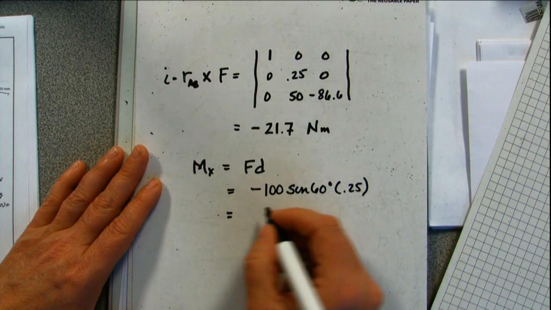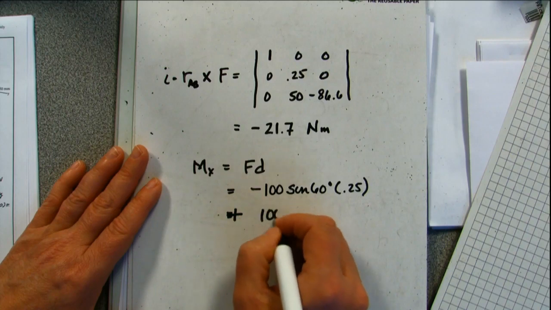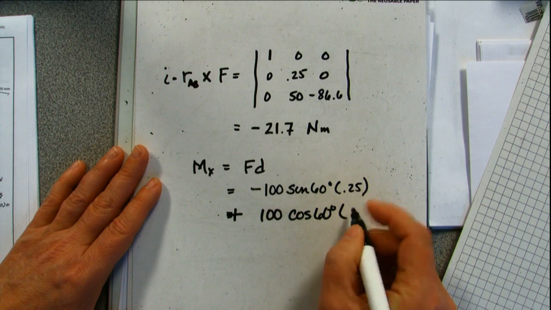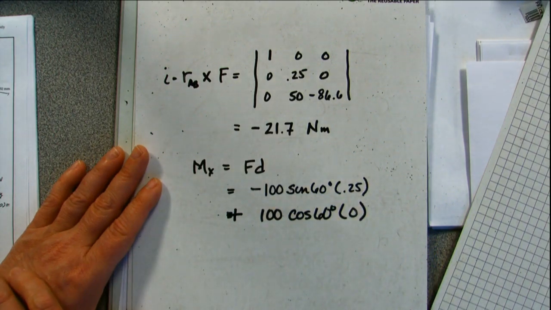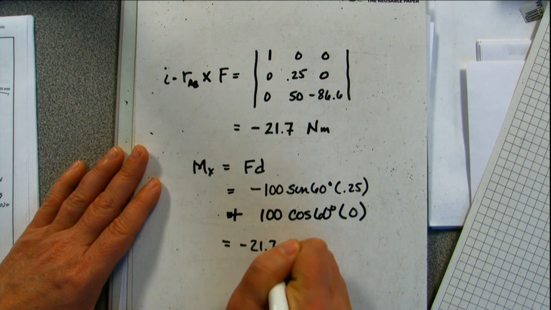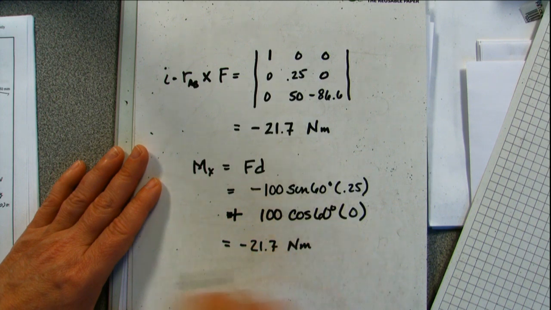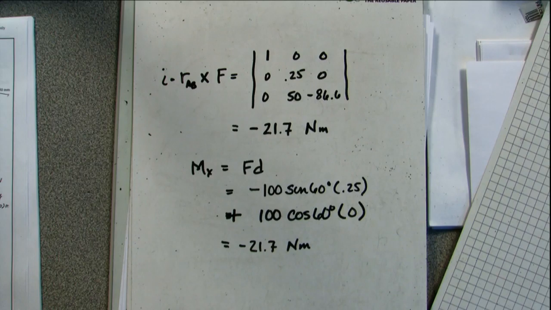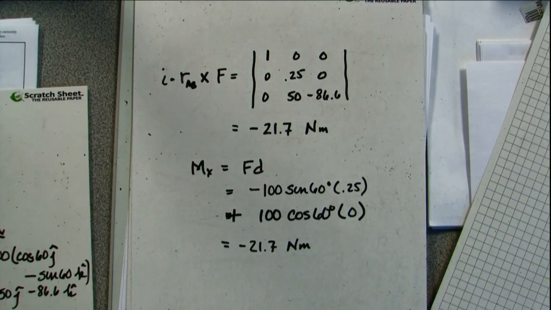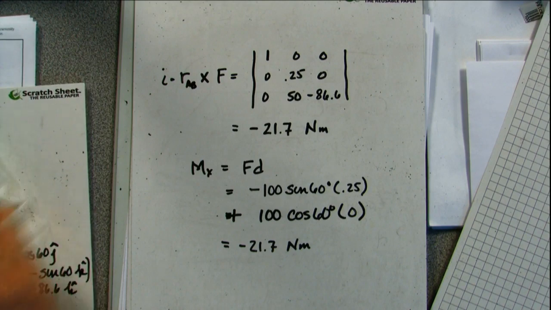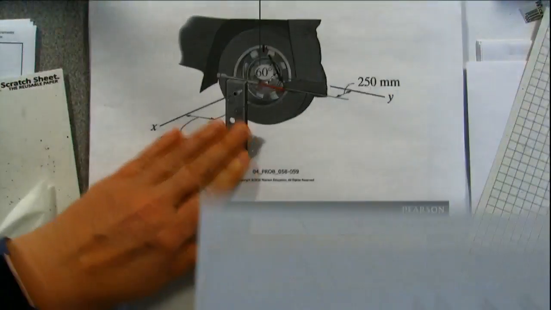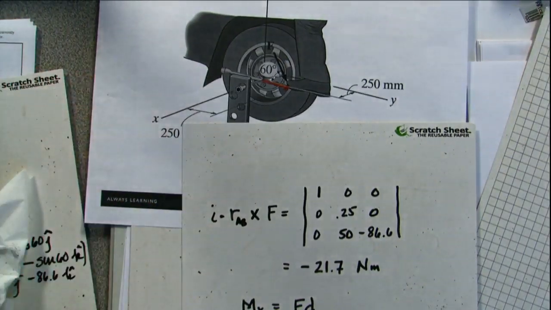The other one, we'll do it plus just so you can see it, 100 cosine of 60, except it's in the plane of what we're doing, so that's 0. And that's going to give me minus 21.7. So you can do it either way. There's our picture. You can do it either way.